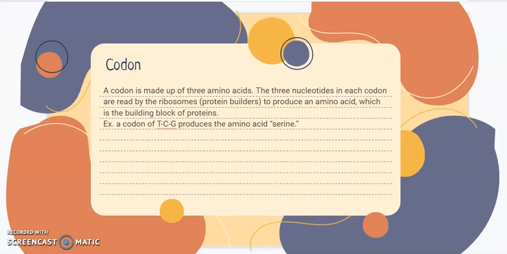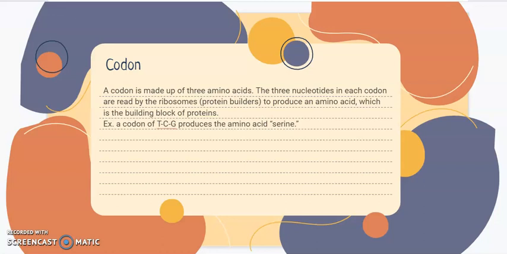Okay, a codon. A codon is 3 nucleotides, and each codon is read by the ribosomes, which are protein builders, to produce an amino acid, which is the building block of proteins. So, for example, you'll have TCG, and that produces the amino acid serine.